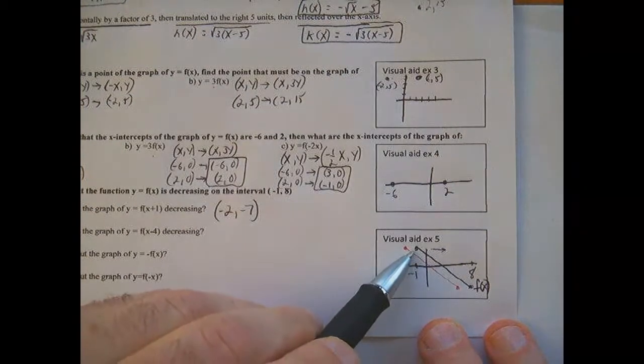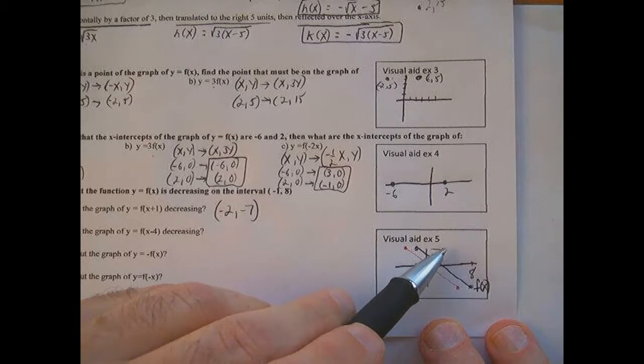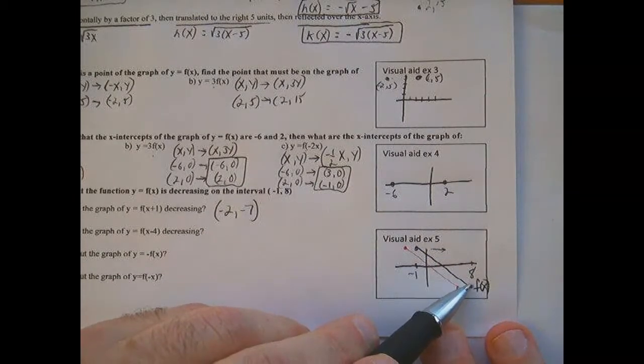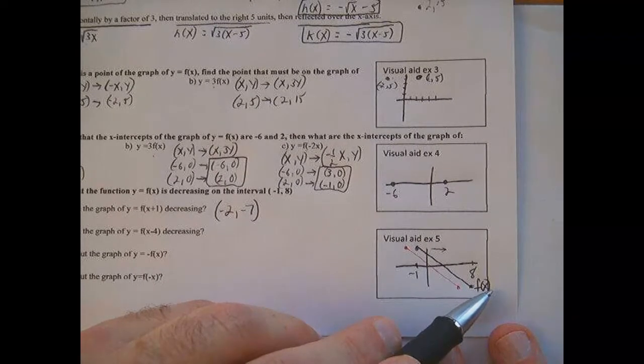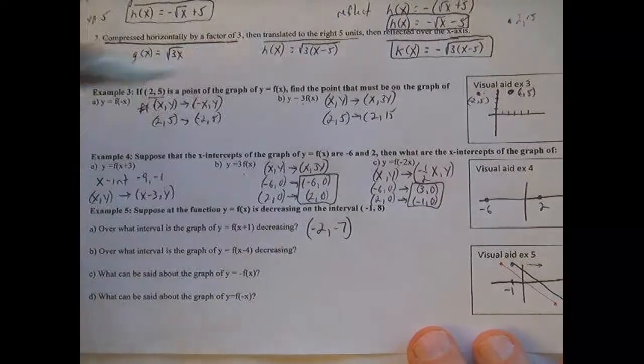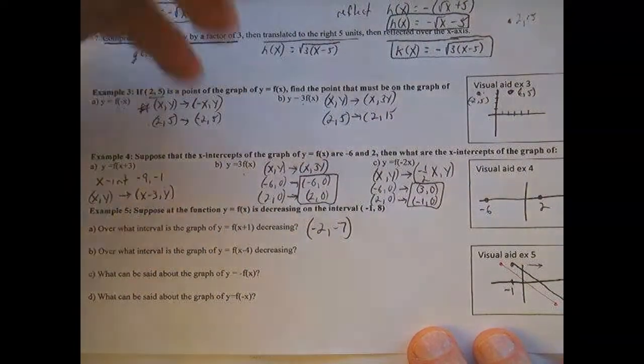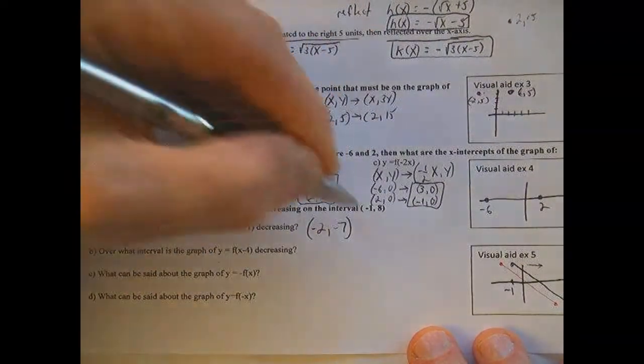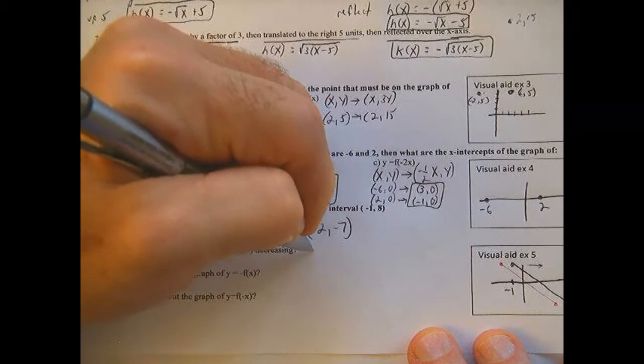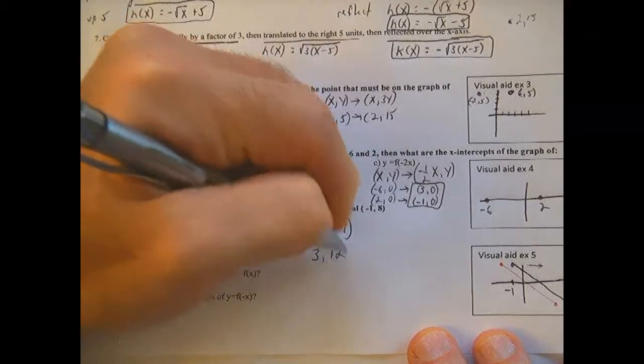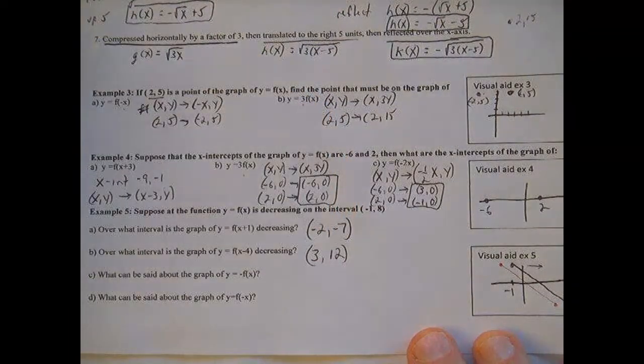If this was a -1, it's going to start decreasing at +3, and if this was an 8, it's going to continue to decrease until it gets to 12. So we just need to add 4 to the interval where it's decreasing. Instead of from -1 to 8, it's going to go from 3 to 12, and it will be decreasing on that interval.